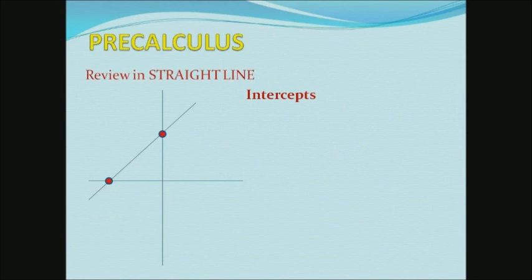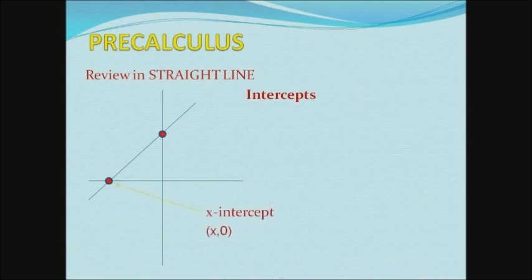Next, we have now the intercepts. So when we say intercepts, these are the points along the x and y axis where our straight line intersects. So these are the points of intersection between our straight line and the x and y axis.